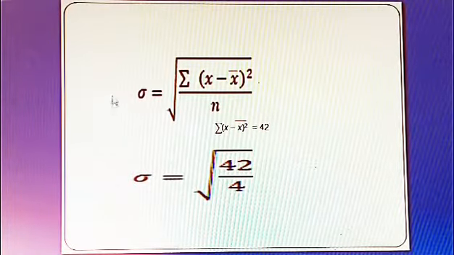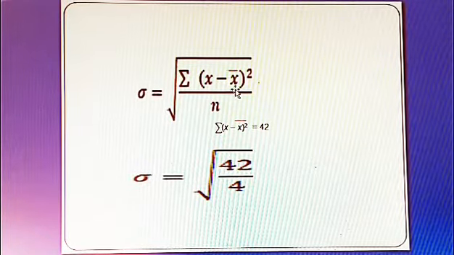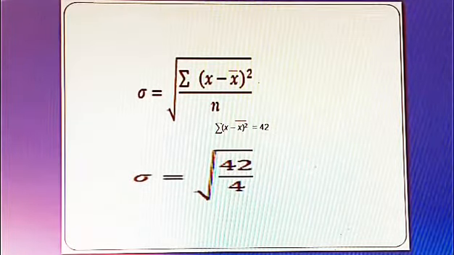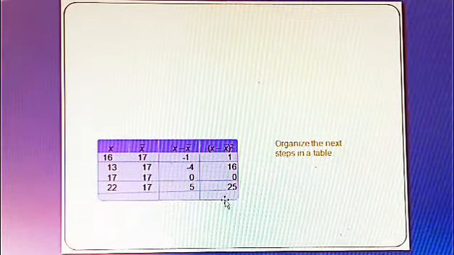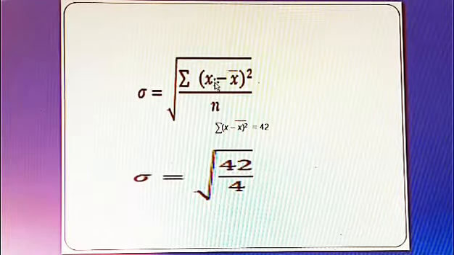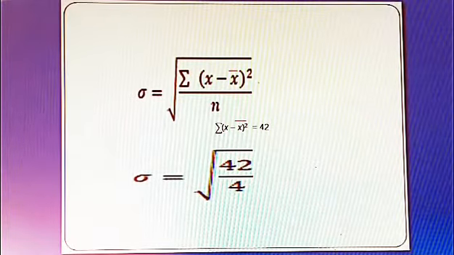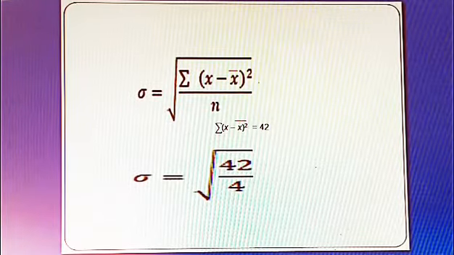So we are going to substitute in the formula. Sigma is equal to under root of summation x minus x bar the whole square divided by n. What is the summation of x minus x bar the whole square? We got 42, right? By adding this column, we got 42. So substitute in the formula: under root of 42 divided by 4.